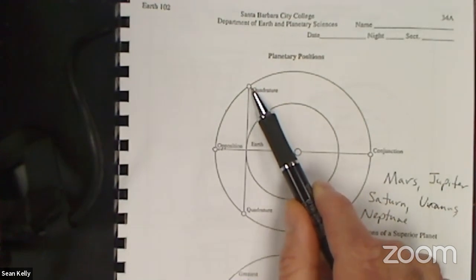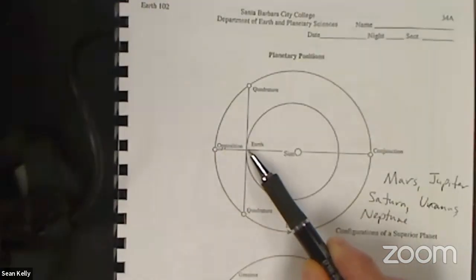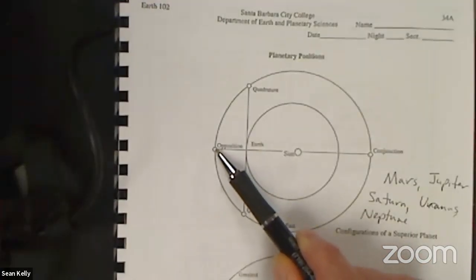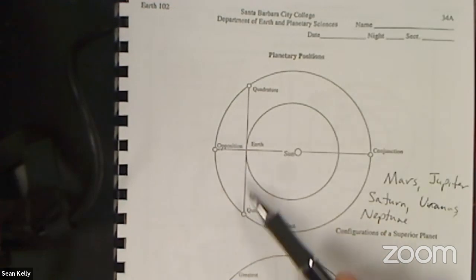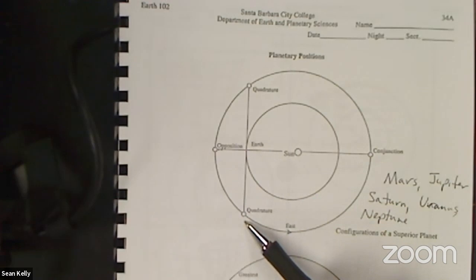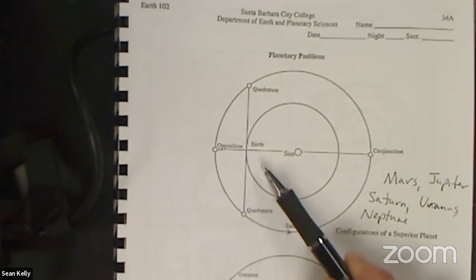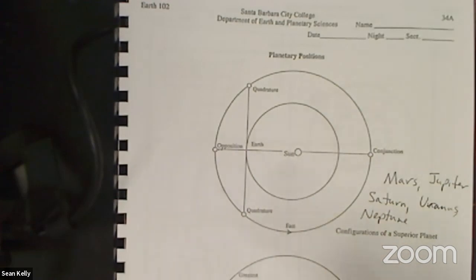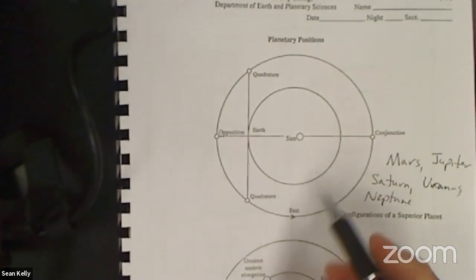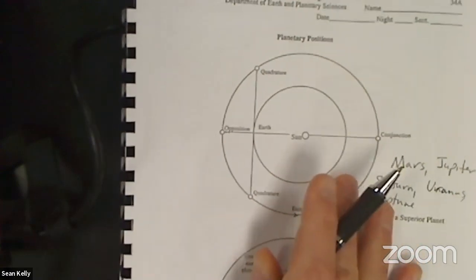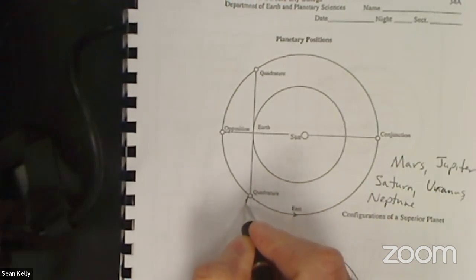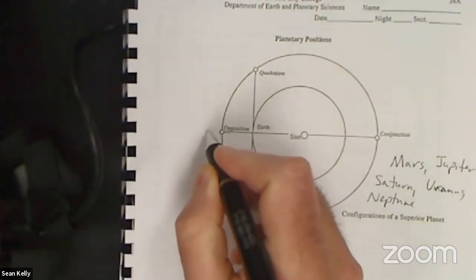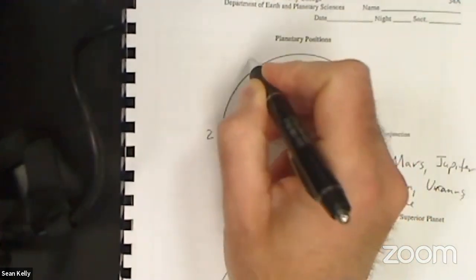Do you follow that? Oh, I see. Yeah, okay. What's this one here? The Earth is in the process of passing the planet. And which one is this one? The Earth is approaching and is on its way to passing the planet. So let's put them in order then. Which one happens first from our point of view on Earth? This one happens first, this happens second, and this happens third.